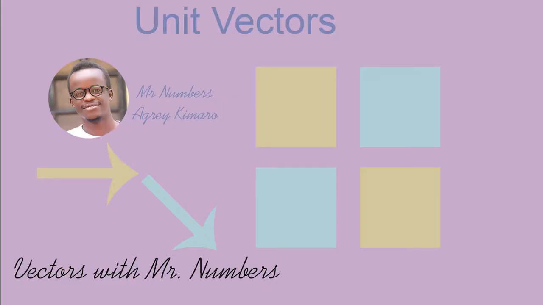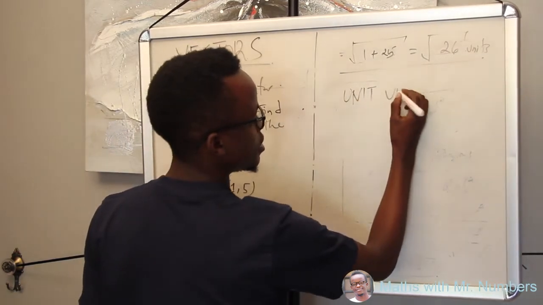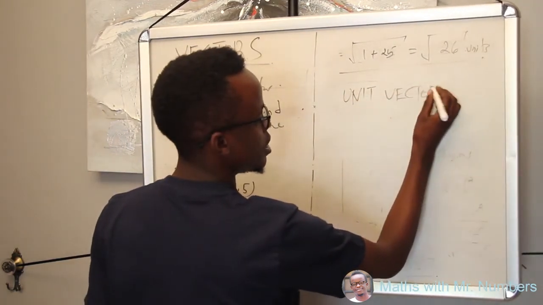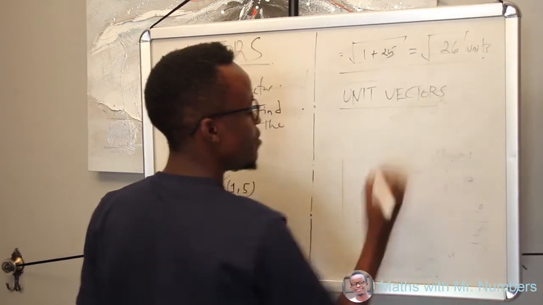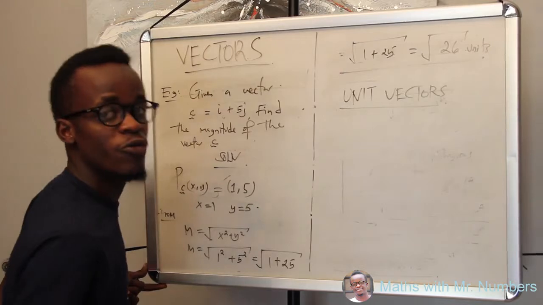After this discussion of finding the magnitude or modulus of vectors, we are going also to discuss unit vectors. By definition, a unit vector is a vector divided by the magnitude of itself.